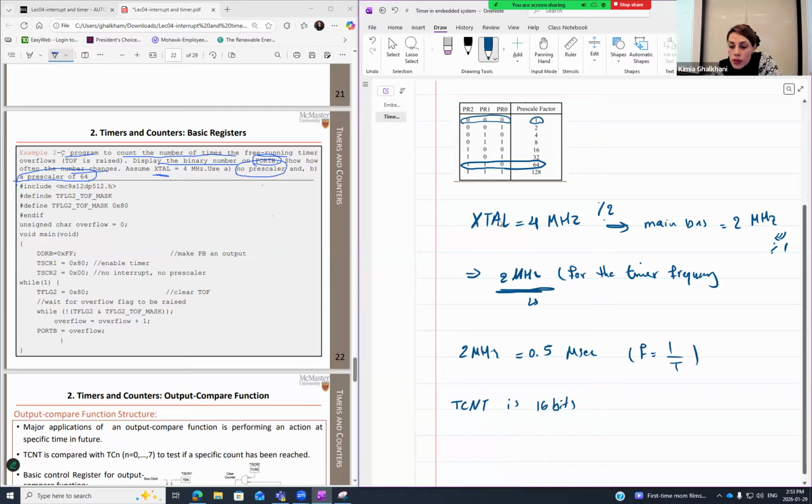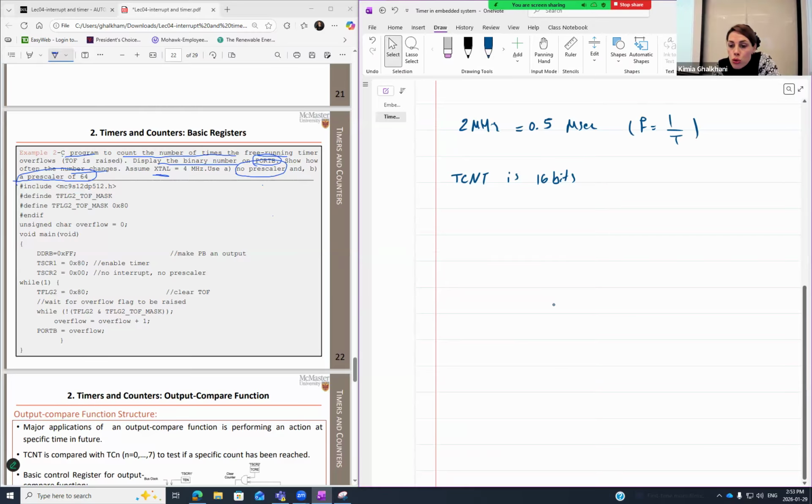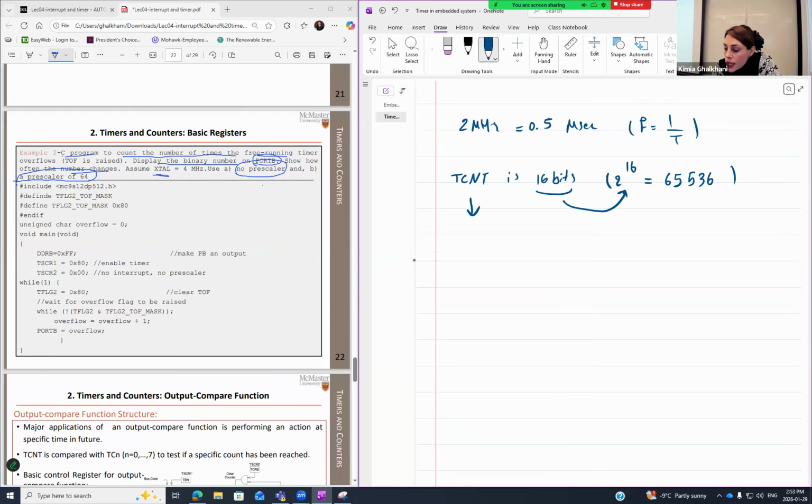I already said it. 16 bits means 2 to the power of 16, which is equal to 65,536. Now, to calculate the overflow time, I take the number 65,536, and I already calculated the time.